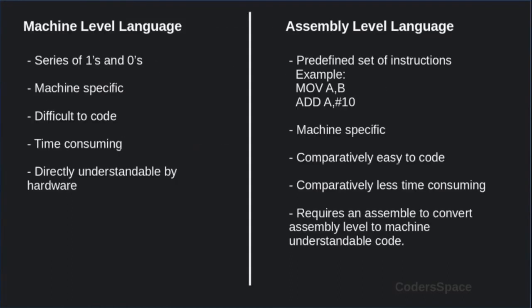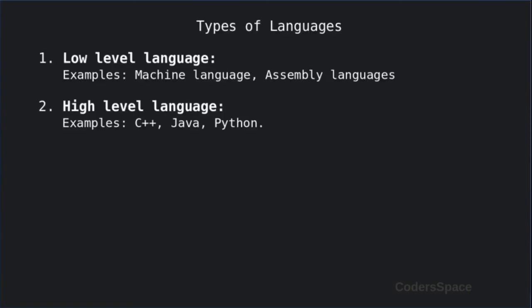Next we have what we call high level languages. High level languages are very easy to code. They have some keywords defined, and by making use of those keywords we can write our code. These keywords are easy for humans to understand.